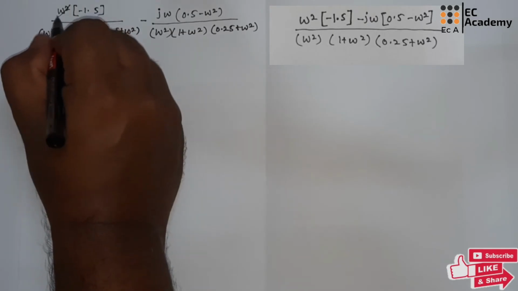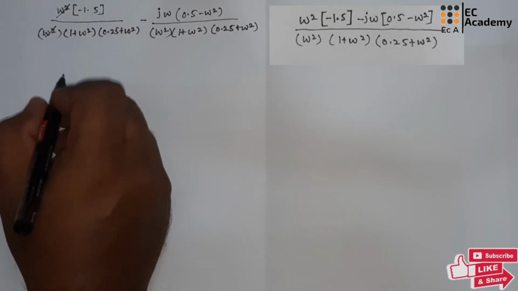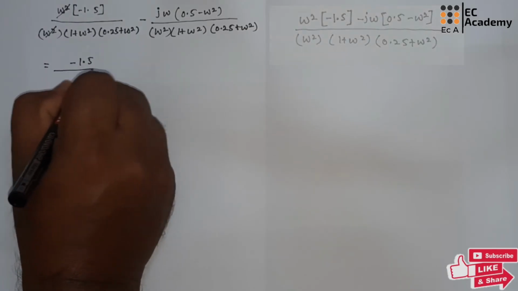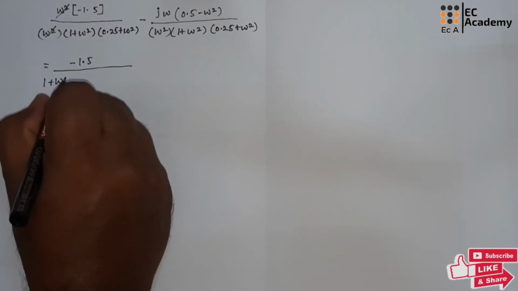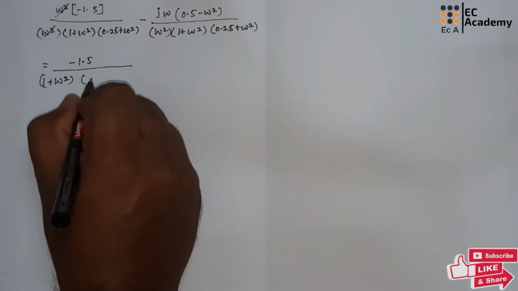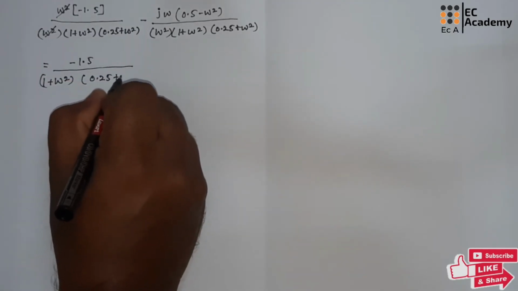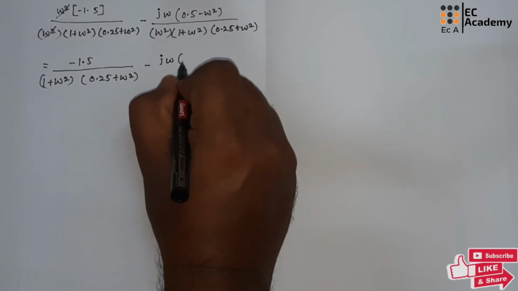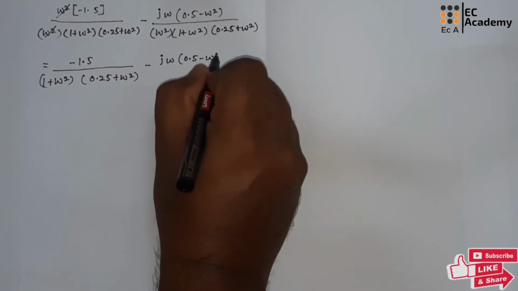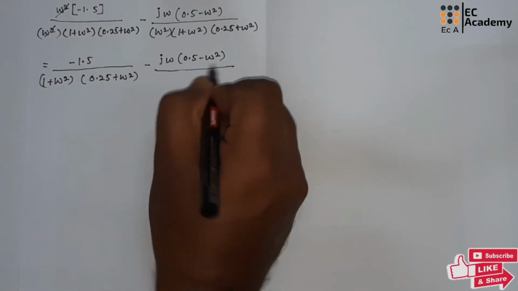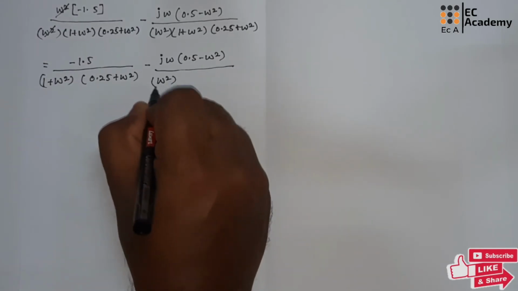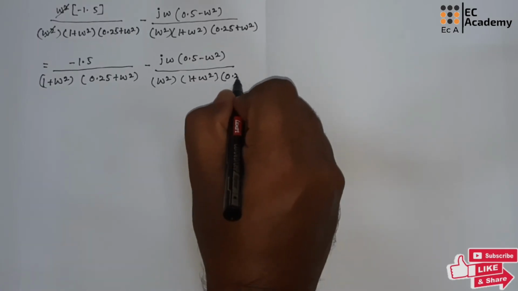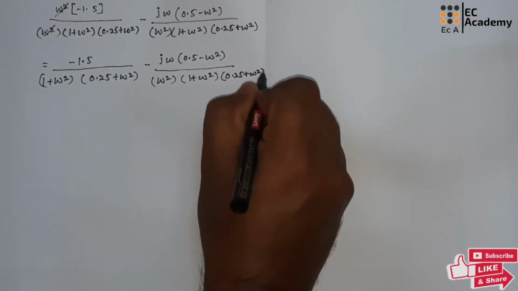Here we can cancel out omega square and we'll be left with minus 1.5 whole divided by 1 plus omega square into 0.25 plus omega square, minus j omega into 0.5 minus omega square divided by omega square into 1 plus omega square into 0.25 plus omega square.